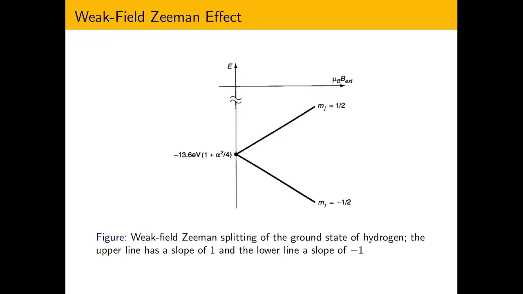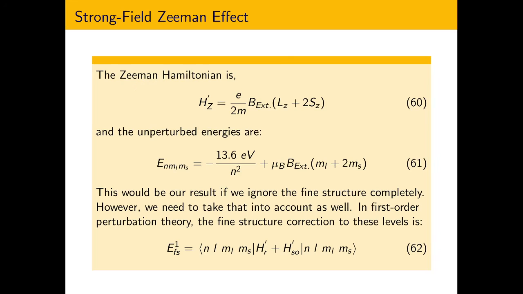So yeah. Next is the strong field Zeeman effect. Here the Zeeman effect dominates, fine structure doesn't. So we'll start with the Zeeman Hamiltonian as usual, and the unperturbed energies, just extending upon the Hamiltonian, would be this. However, this is what we would get if we ignore the fine structure completely, but we need the fine structure as a perturbation.